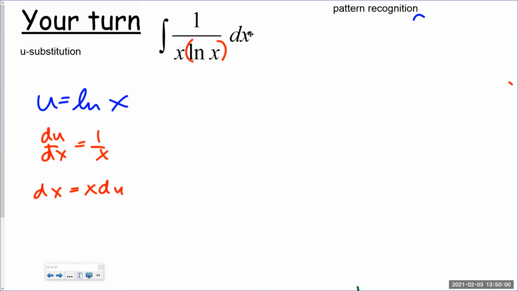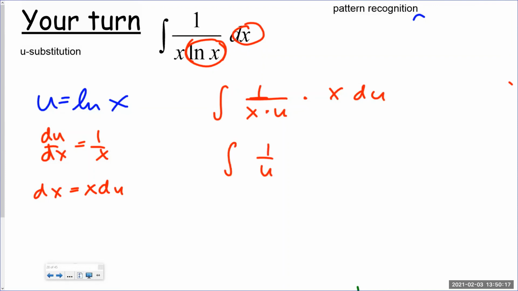You're going to replace 2 things, your u and your dx. So that's 1 over x times u times x du. Do your x's cancel out? Do they? What do you get? 1 over u du.